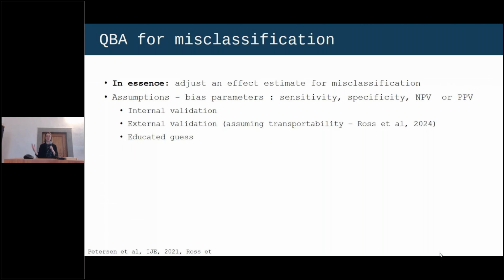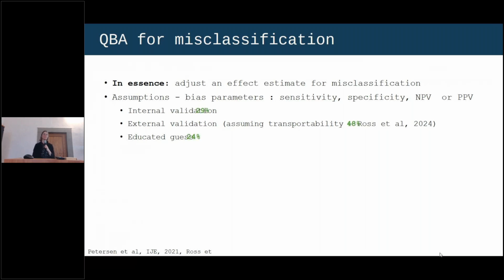And there are also certain scenarios that you can use the NPV and PPV in. Where do we get the information on these? Ideally, we've heard a lot about how to conduct a fantastic internal validation study. So hopefully that is what you have. If not, then there are sometimes external validation studies. If you're happy to assume that that applies to your population, you could use that data. Or you could use an educated guess.